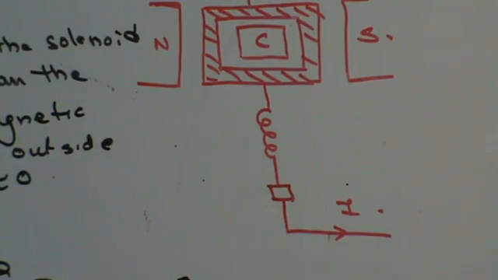Right, take another question for this. Give the construction of a suspended coil type moving coil galvanometer.